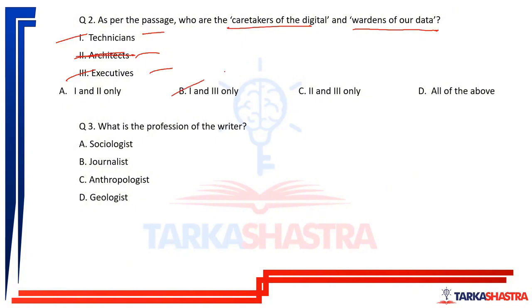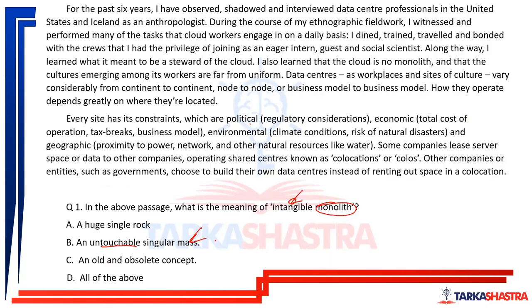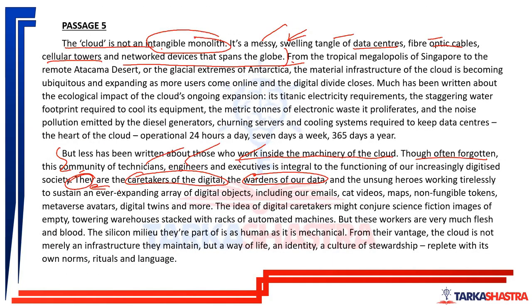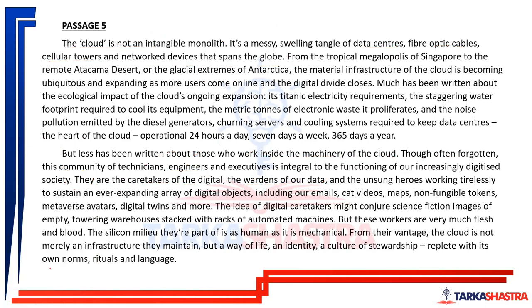I hope you understood how we came to this. We went to the location where the statement was given, and then we tried to find the answers. These two were mentioned, this one was not mentioned. Very simple. Question number 3. What is the profession of the writer? Now, what could be the profession of the writer?